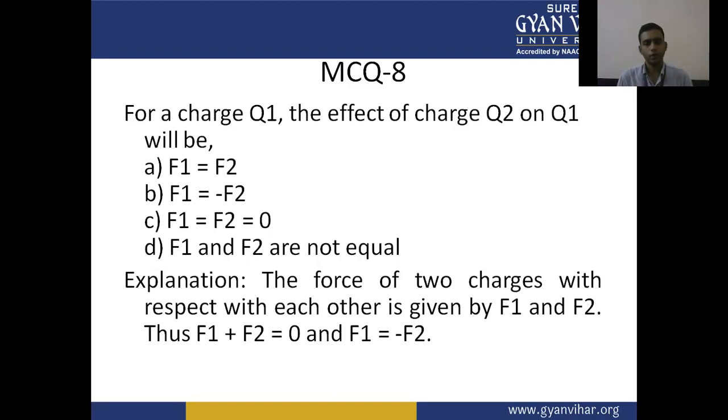The forces of the two charges with respect to each other are given by F1 and F2. Thus, F1 plus F2 equal to 0, or F1 equal to minus F2.